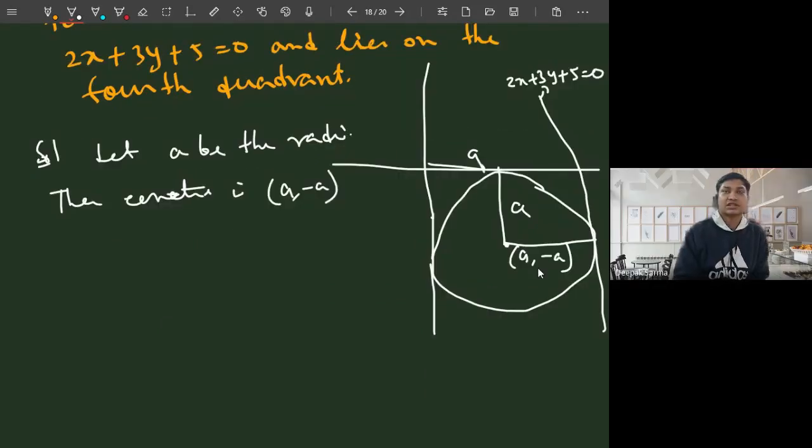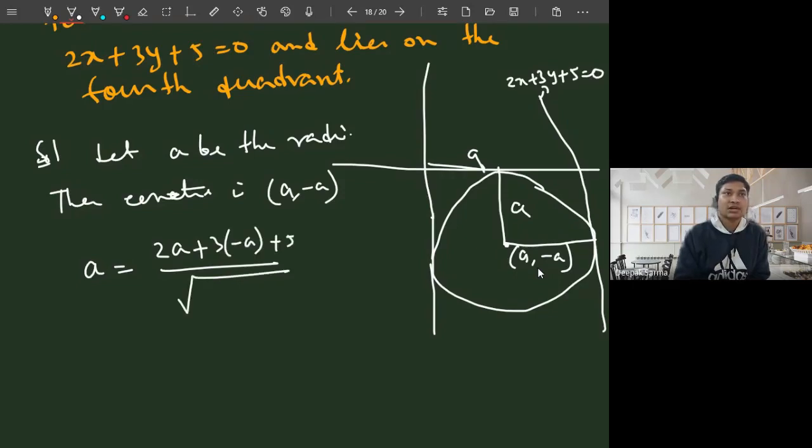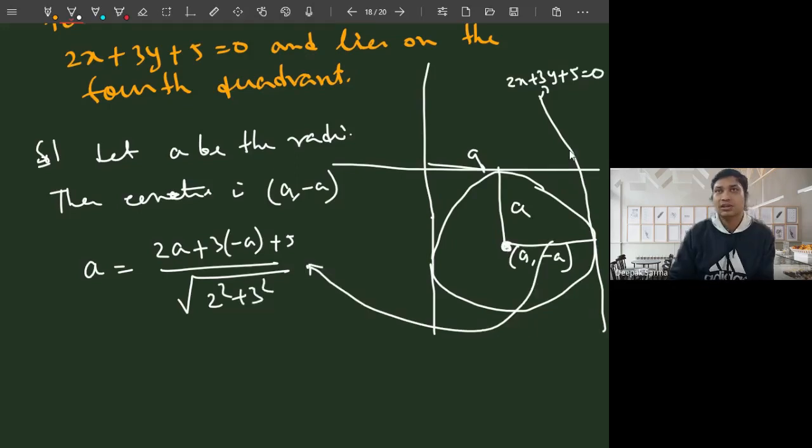Okay. And the distance from the center to this line, because it touches the line, is again A. The distance from this point to this line is (2 into A plus 3 into minus A plus 5), divided by, if you remember the formula, root over 2 square plus 3 square. This distance from the center to the line is again A. Now you can solve this equation to get A. I am not going to solve it.